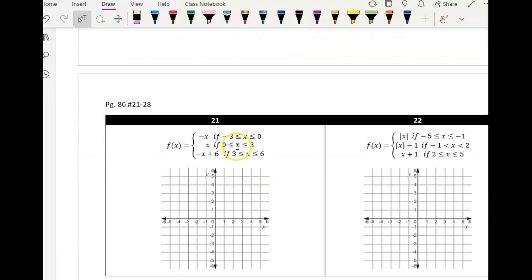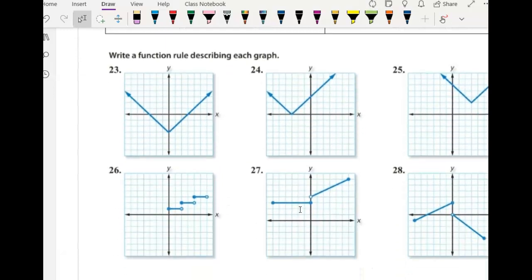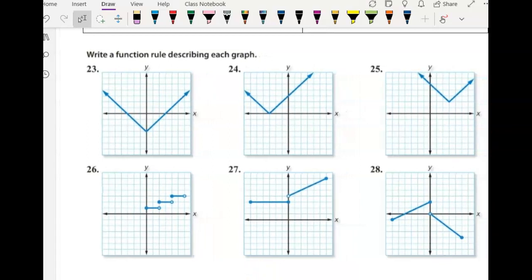And then on the back, we're skipping a few problems. I'm asking you to do 21 and 22 to graph those piecewise ones. And then 23 to 28, we revisit the idea of how to write a function rule. Here you'll see 23, 24, and 25. Remember, those go back to our absolute value rules and the whole idea of transformations.